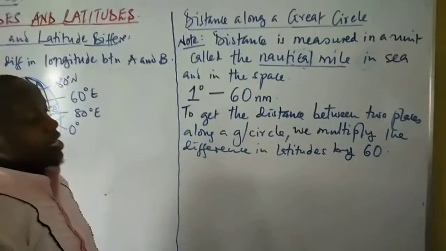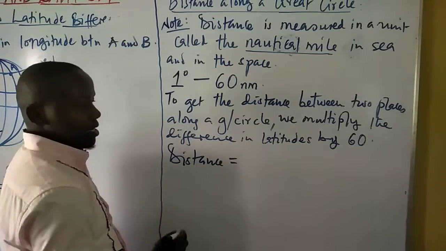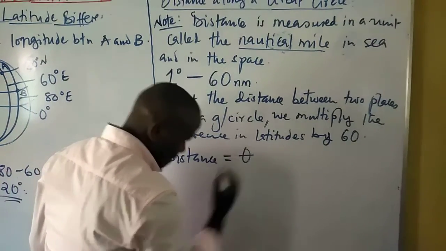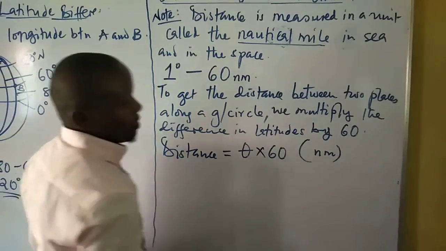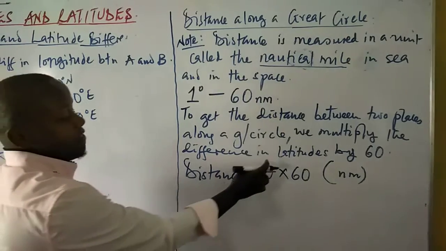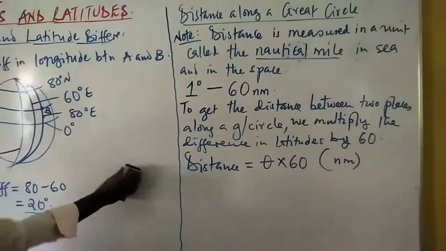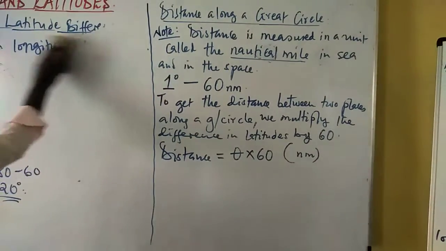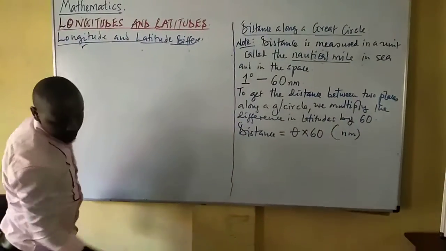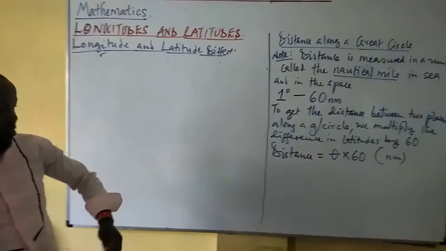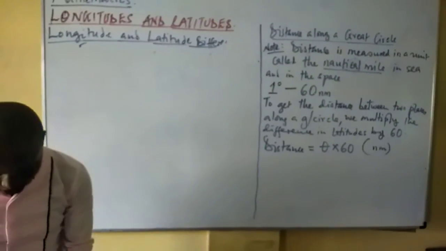Therefore, for us to get distance, we take beta and we multiply it by 60. This is distance in nautical miles. So in this formula, beta is the difference in latitudes. Because they are on the same longitude but different latitudes, for us to get the distance, we get the difference in latitudes, and we multiply by 60, which is a constant. Let me give an example.